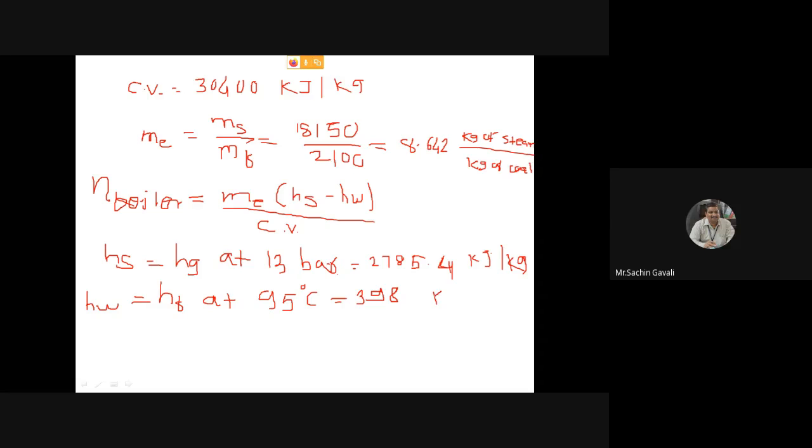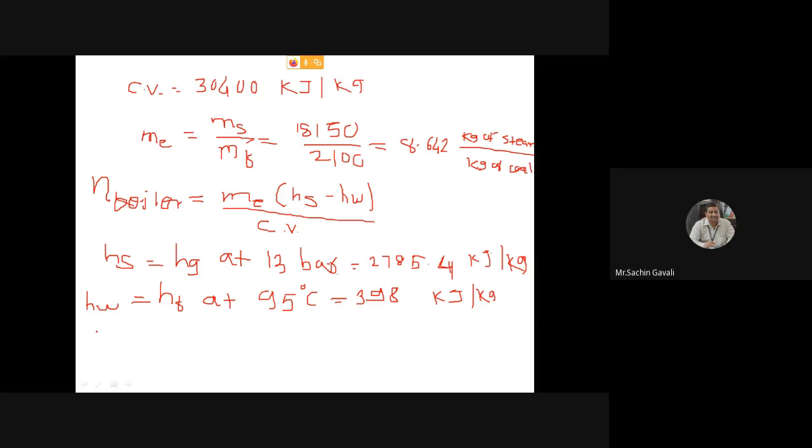I have given a lecture here where I explained how to extract data from the steam tables. So 398 kilojoule per kg. Okay.